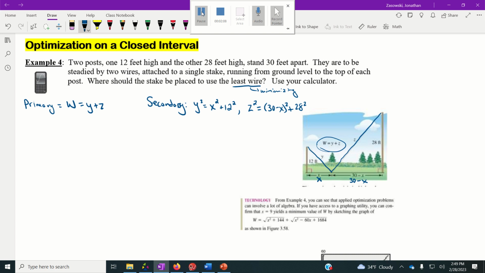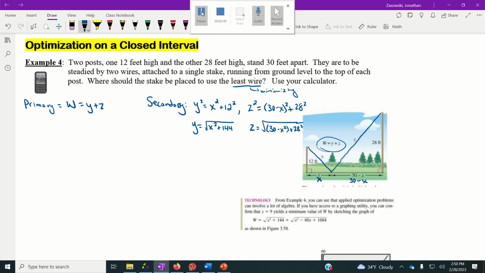Okay, so if we look at this first equation, we can figure out what y is just by taking the square root of both sides. So y is going to equal the square root of x squared plus 144. All right, and likewise, z is going to equal the square root of 30 minus x, squared, and we'll just leave this as plus 28 squared because that's going to be just a big number, and it's easier to write down this 28 squared.